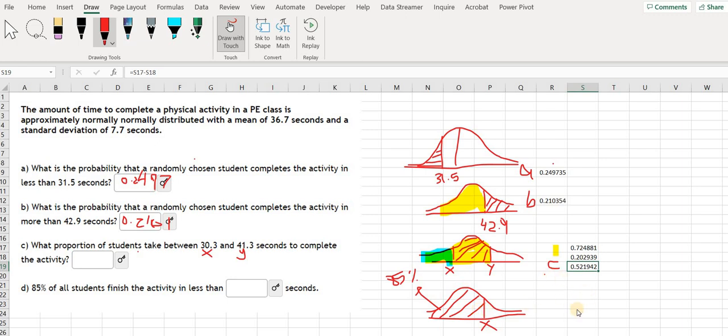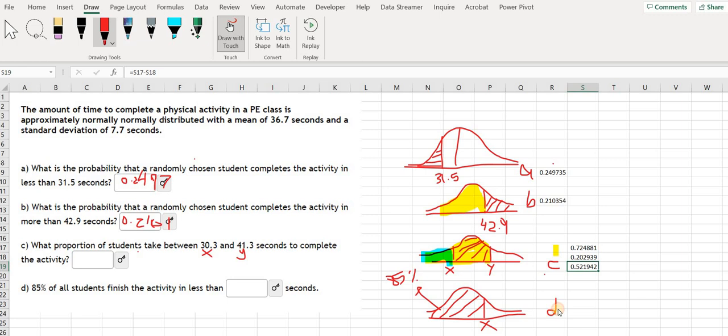We need to find the missing number here, or the cutoff for that area. This is exactly what the inverse function does. If we had X and wanted to find the percentage, we would use the norm distribution function. But if we are given the area or the percentage and want the cutoff, which is X, then we use the norm inverse function.